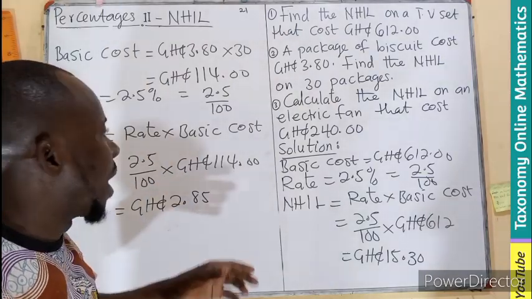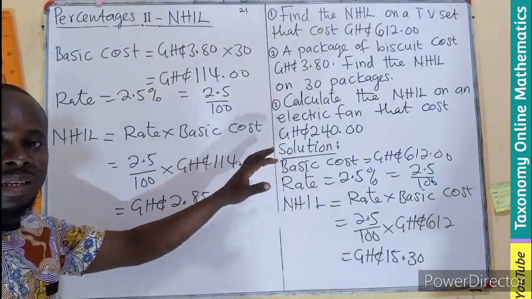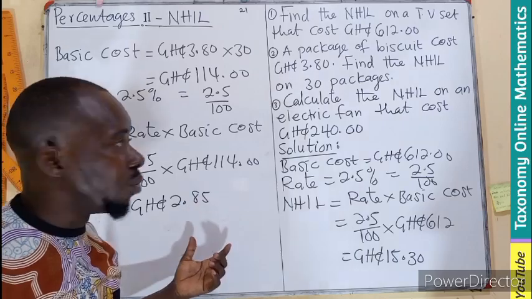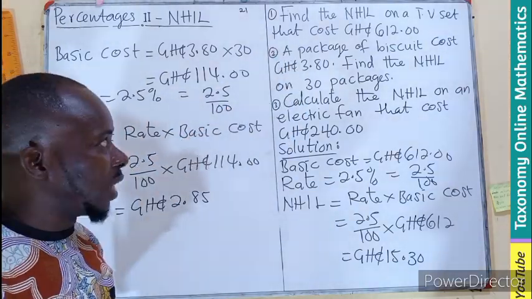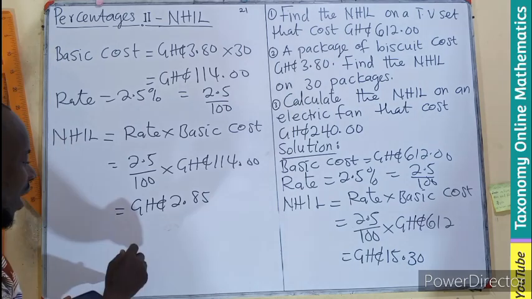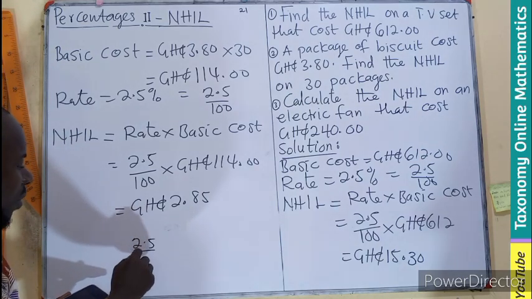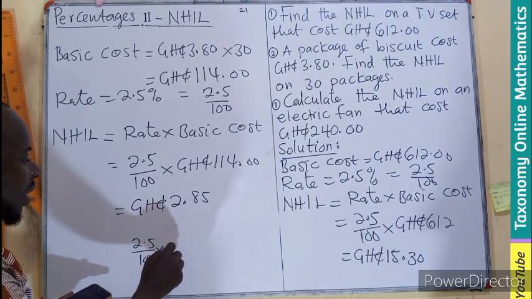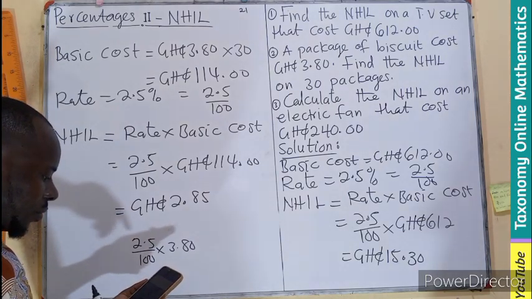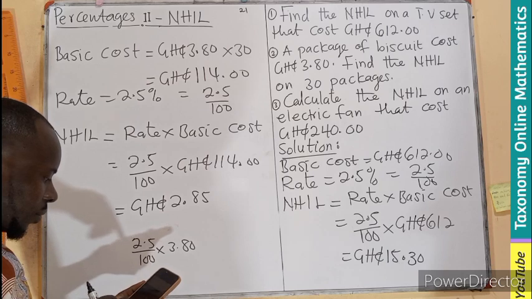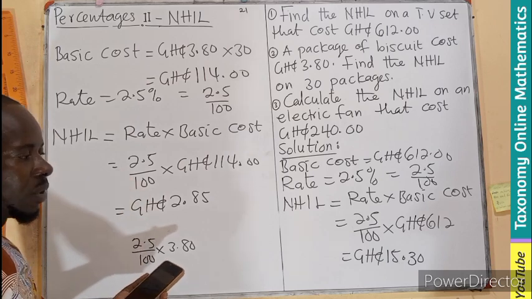So this becomes the total National Health Insurance Levy you are going to pay if you are buying 30 packages. I said earlier on that we can also find the 2.5% of the 3 cedis 80 pesewas.